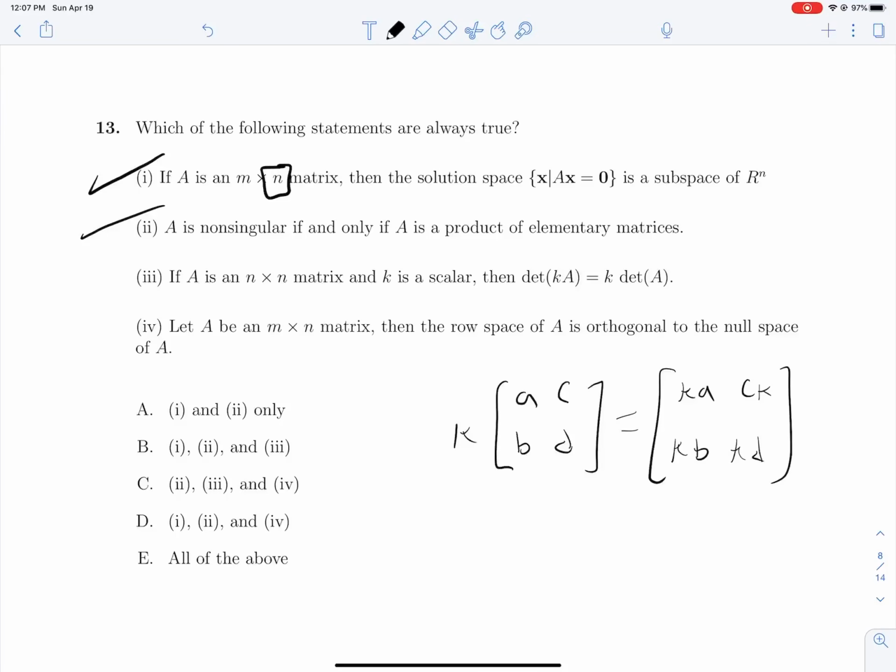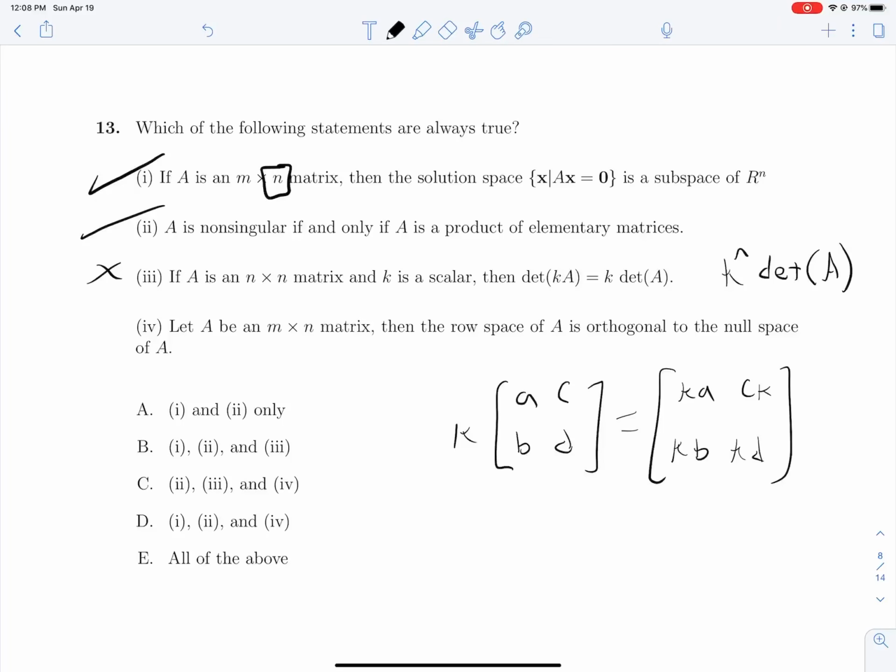And so really, if we're trying to find the determinant of a matrix multiplied by some constant, we're going to take that constant raised to the number of rows or the number of columns of A. So K to the n, in this case, times the determinant of A. And that will give us our expression for the determinant of KA. So that is incorrect.